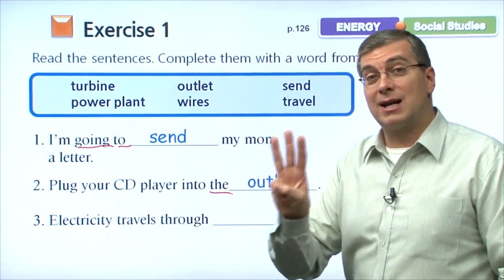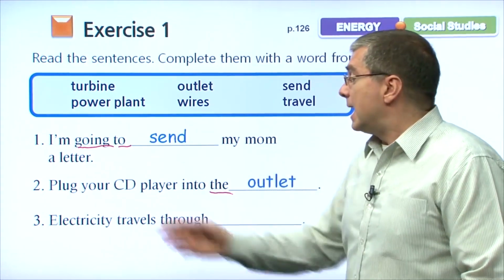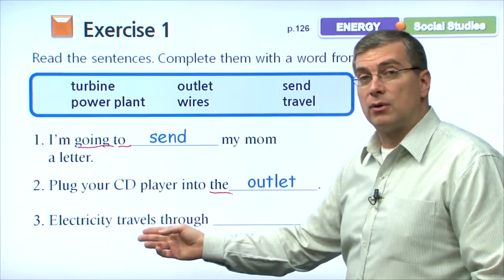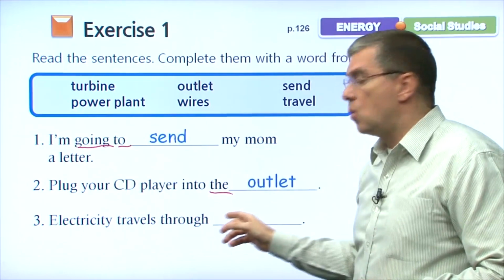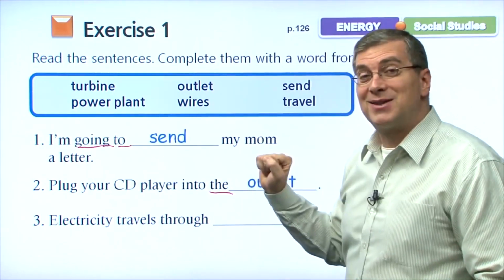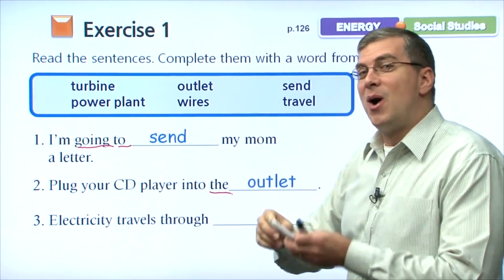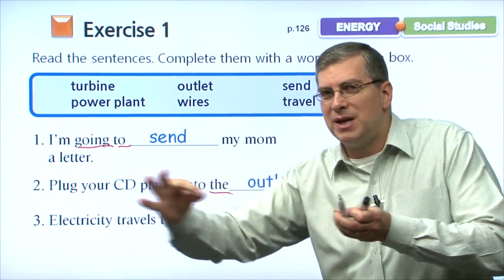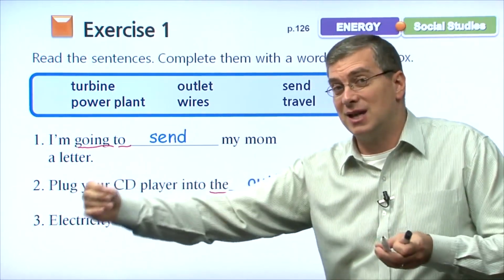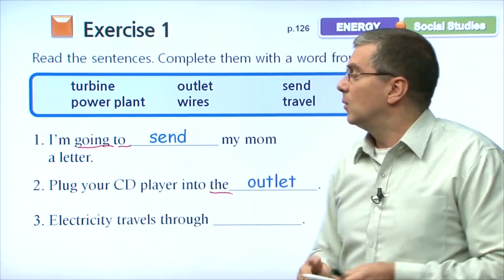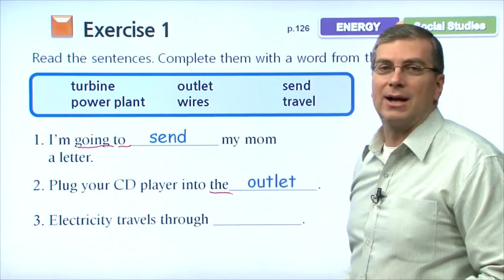Okay, let's look at number 3. Electricity travels. Electricity moves, right? Travels through what? We talked about that several times, right? What piece of metal, long piece of metal, surrounded by plastic, does electricity travel through? We talked about that before. That's wires, isn't it?